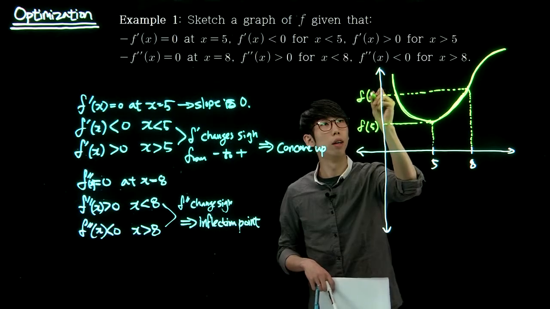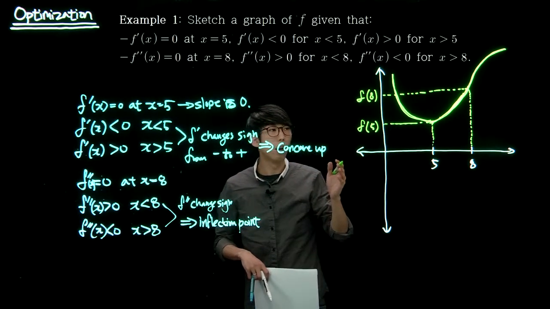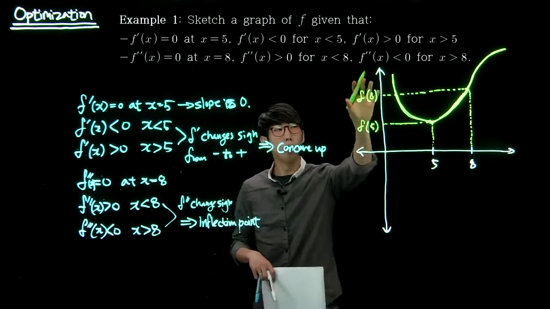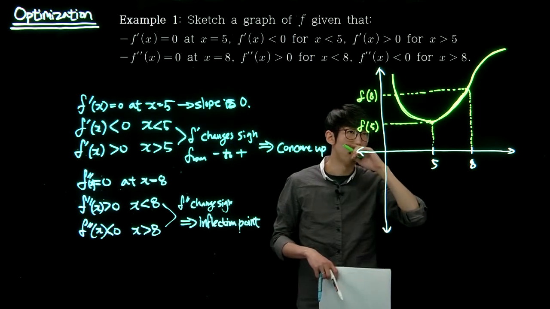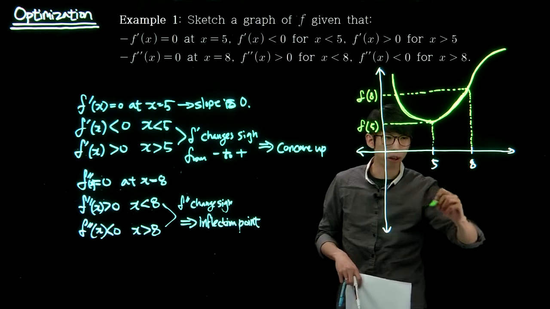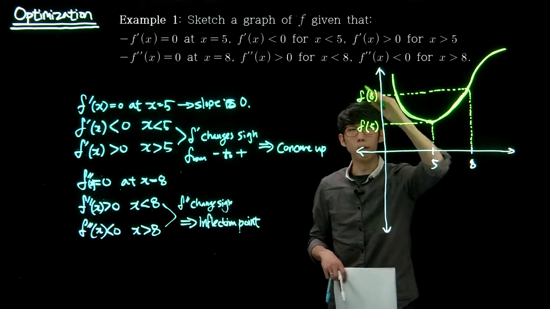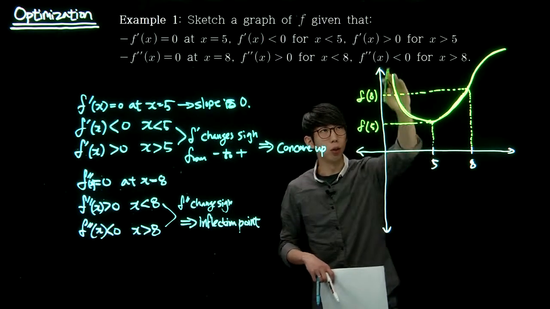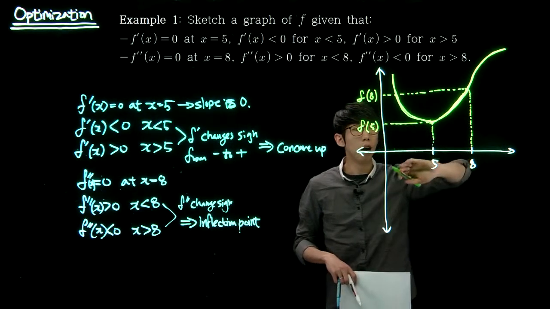f of 8. We don't have a specified point for f of 5 or f of 8 for this problem. But if such y coordinates were given, we could have drawn a more accurate graph. It could have been a similar looking graph going over here, as a family of graphs. It will shift up and down if we were given the y coordinates. But I just chose these y coordinates arbitrarily.